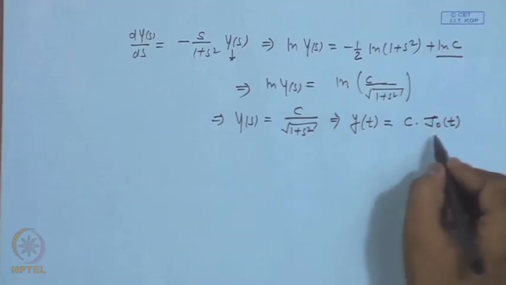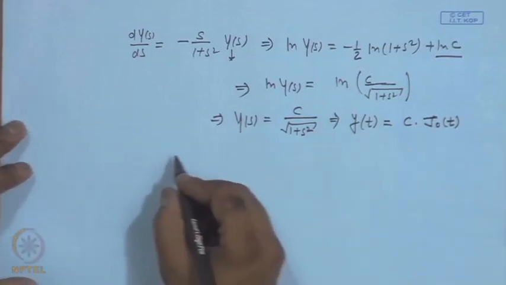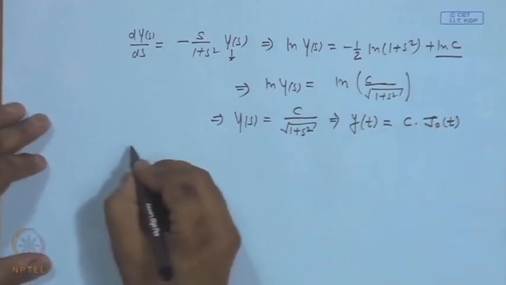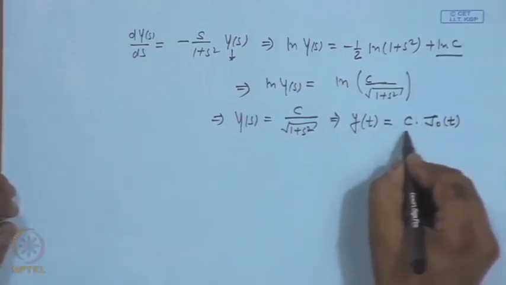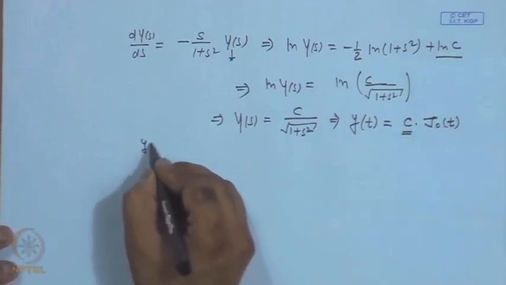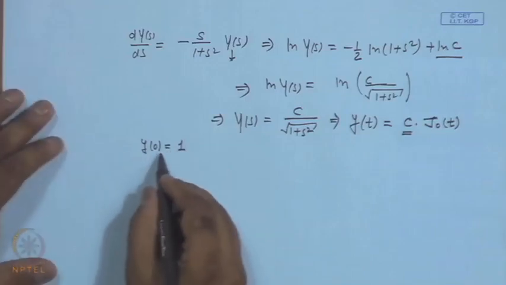Okay, so what we have now? The initial conditions, because this c appears now. So, what we can use at least is that y(0) is 1, that is given.